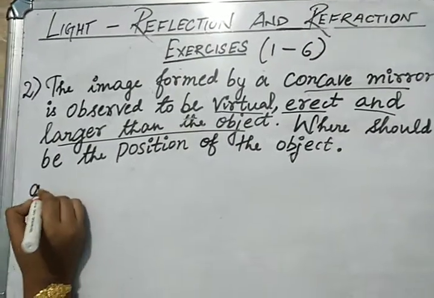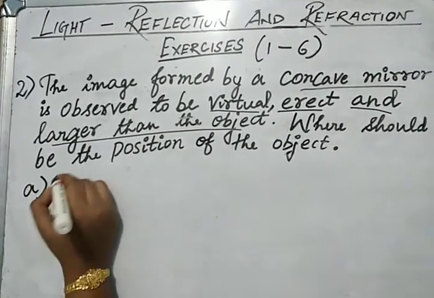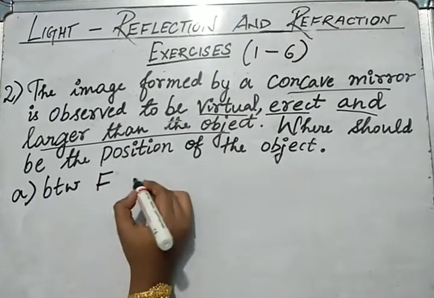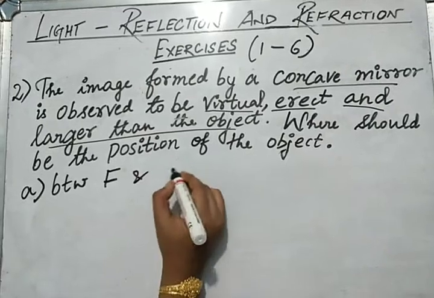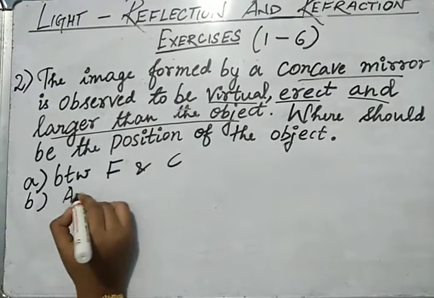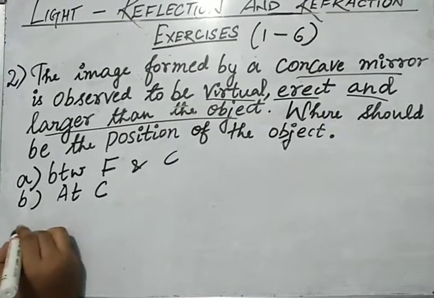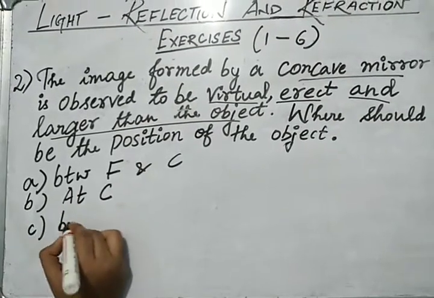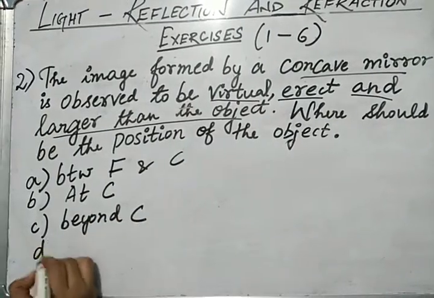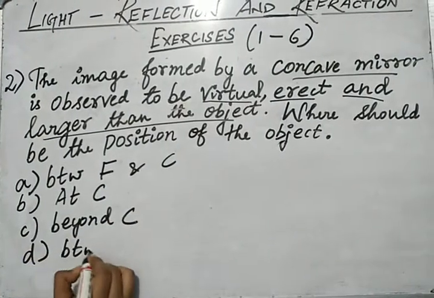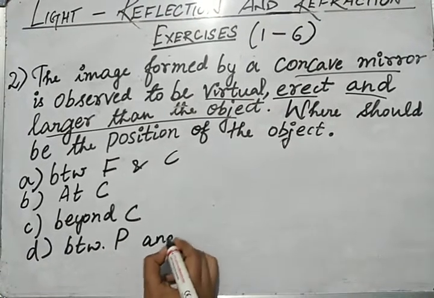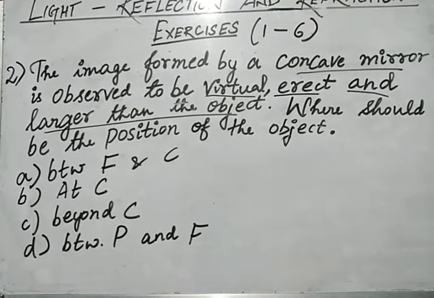The options are A, between principal focus and the center of curvature. B option is at the center of curvature. C, beyond the center of curvature. And D, between pole of the mirror and its principal focus.